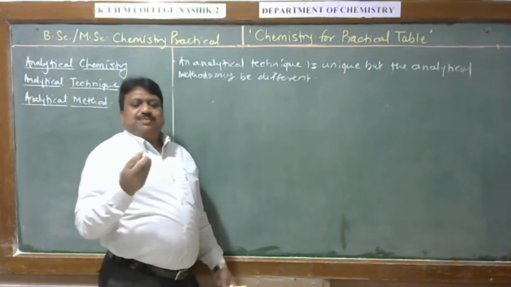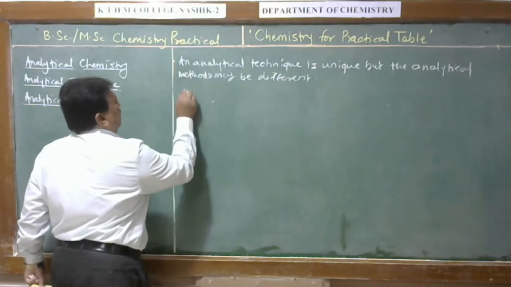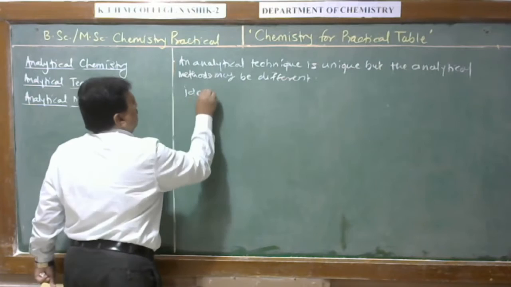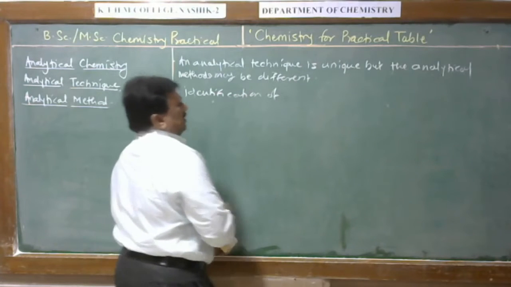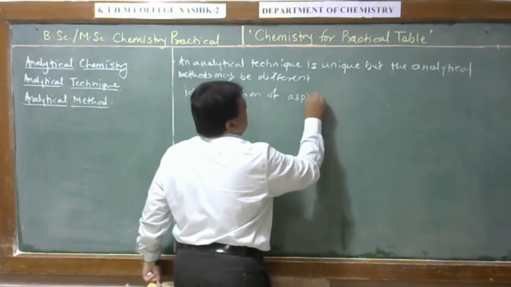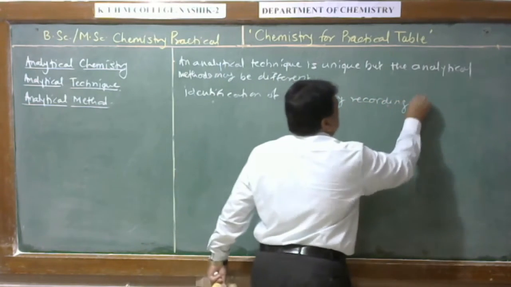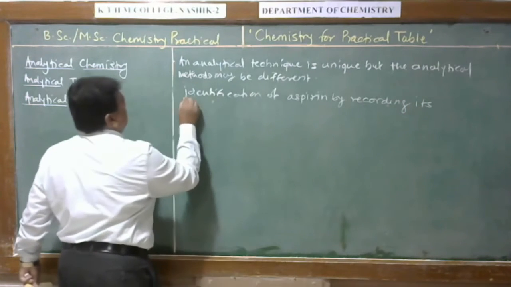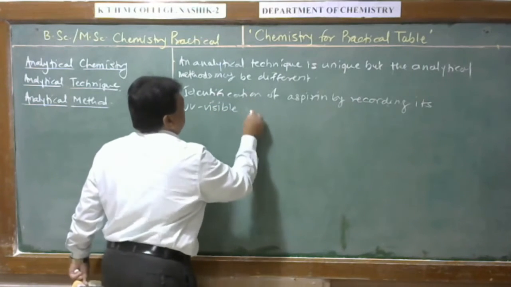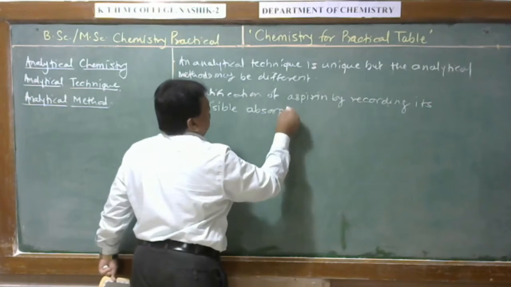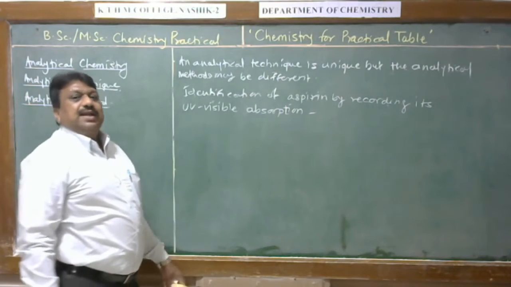We know that UV visible spectrophotometry is the analytical technique that is unique, but here identification of aspirin by recording its UV visible absorption spectrum is the analytical method.